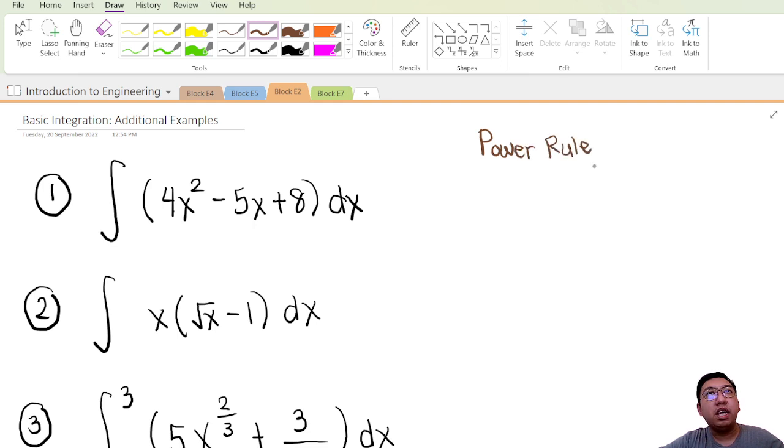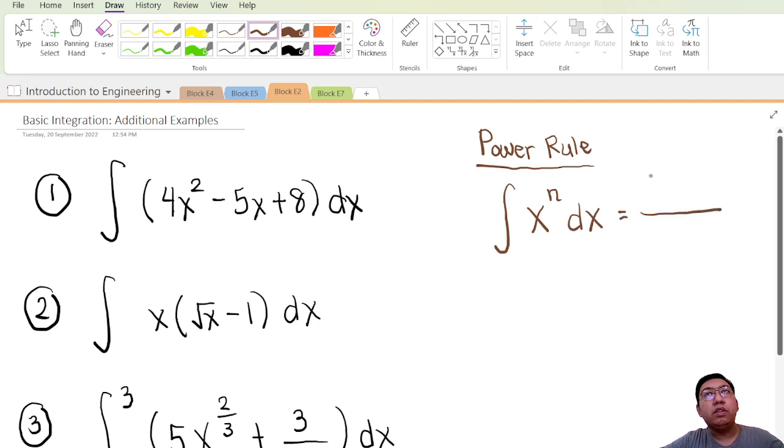If you look at this one, I hope you were able to have an idea in your head that what we're going to use here for the entire examples is the basics of the power rule. The power rule of integration is that you're going to add 1 to the exponent and then divide by the sum of the exponent and the 1, and then include the plus c.